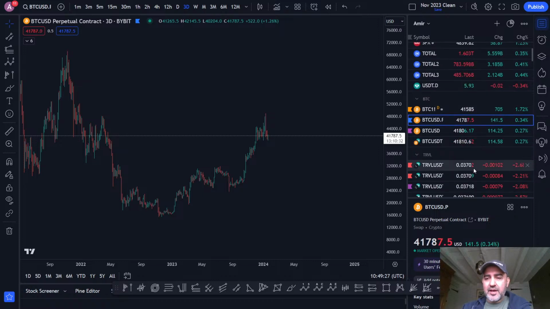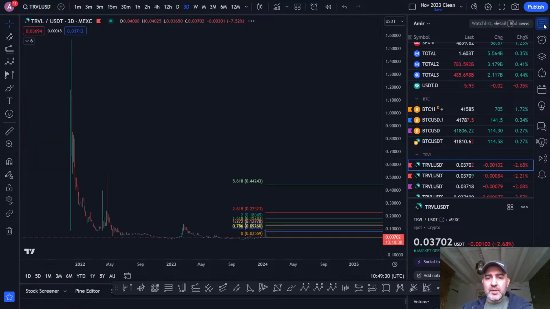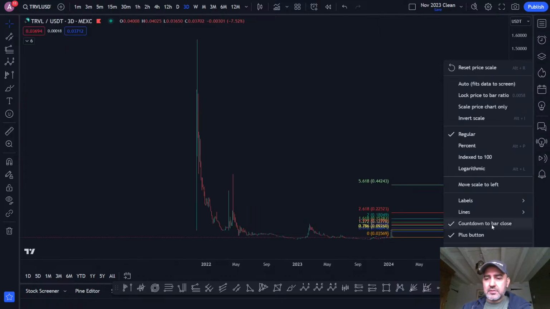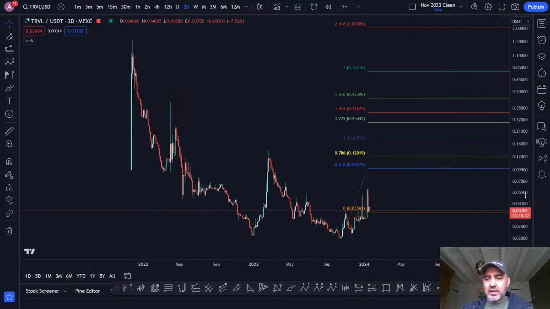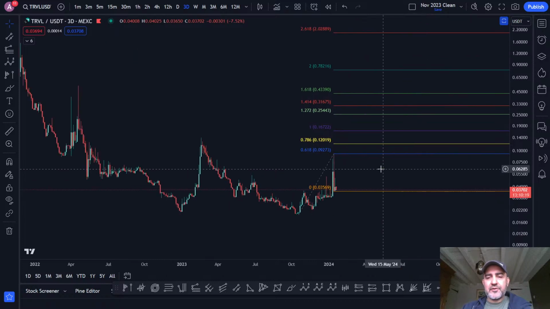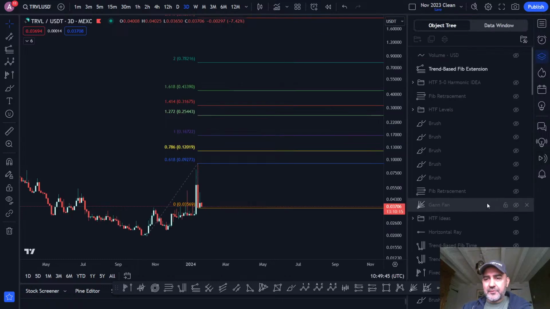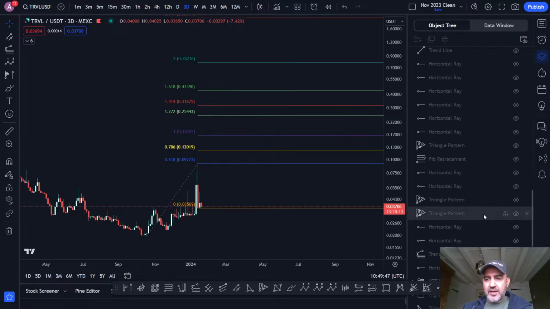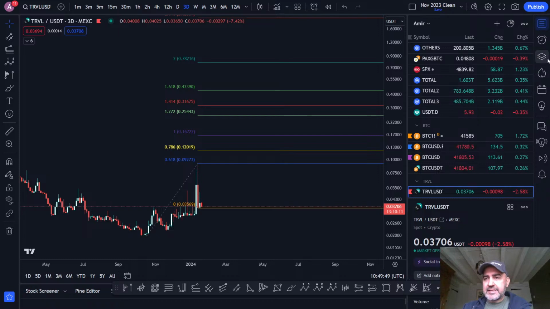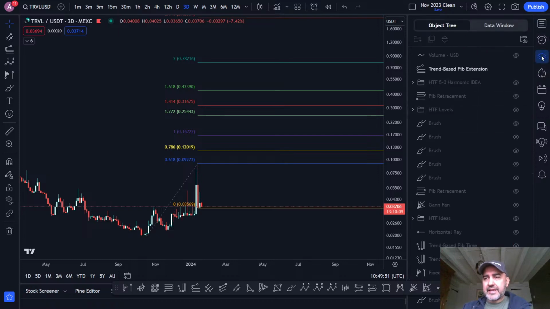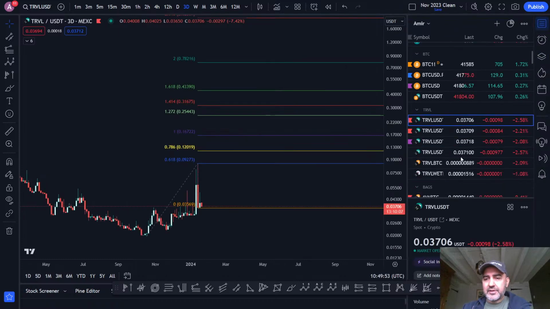So TRVL, based on something that I learned today, because we know we're always learning, so it's good to learn. I was just thinking to myself, and it's going back to the Elliott wave count that I did before on TRVL, and I think I did it on the gate chart, so I'll go back to the gate chart to quickly have a look.